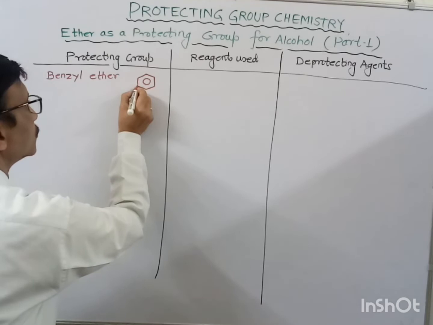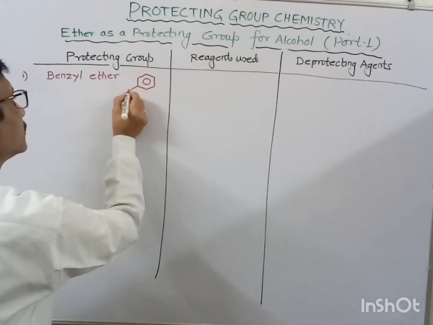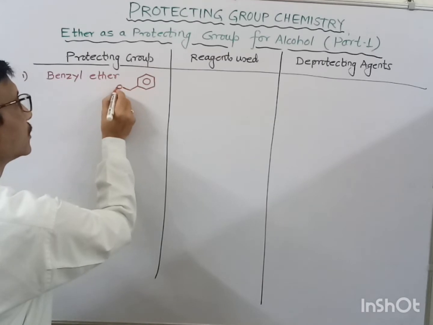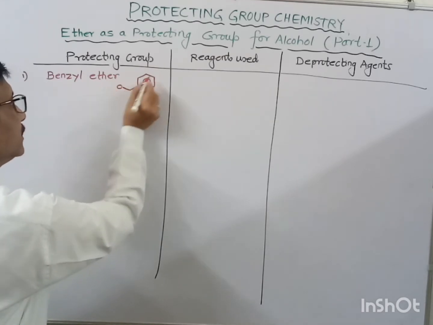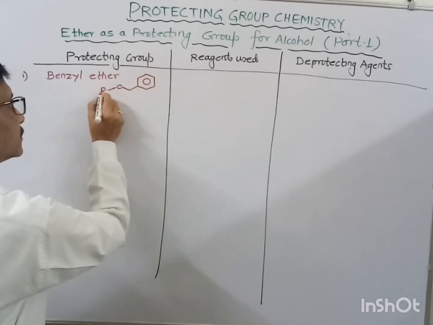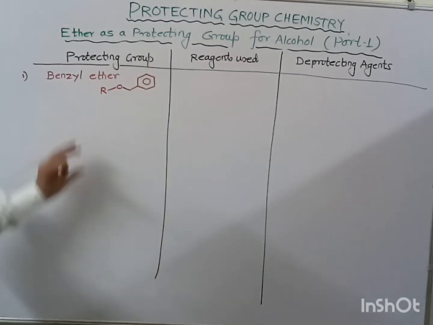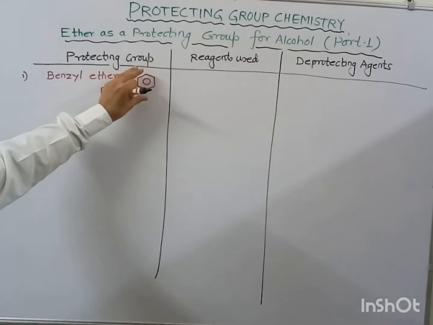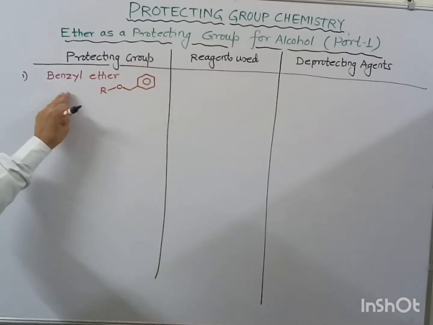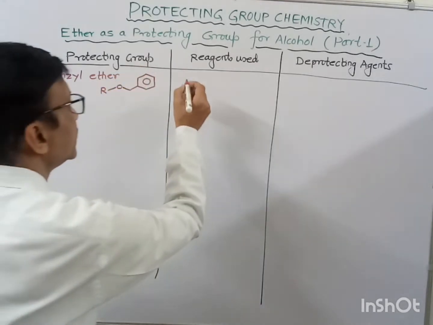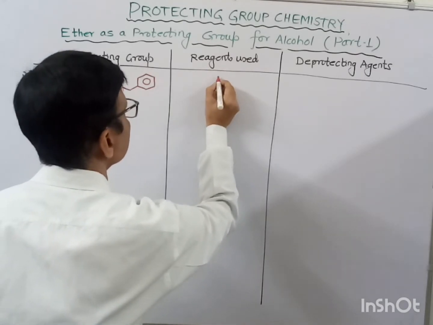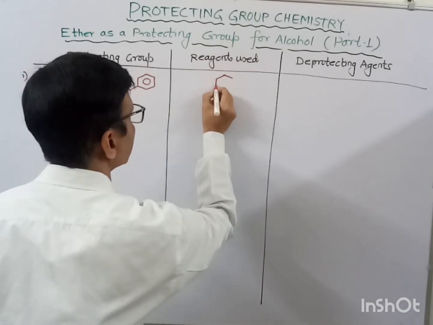This is the benzyl group, and this is benzyl ether. Suppose we have ROH, then ROH may react with a suitable reagent to give you the benzyl ether. For the reagent that we use, we may use benzyl chloride.